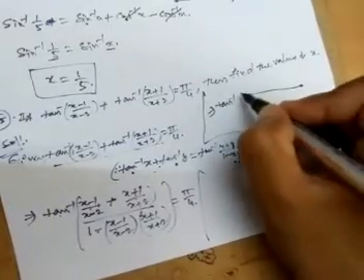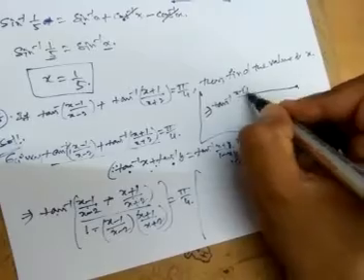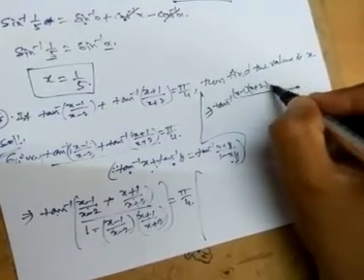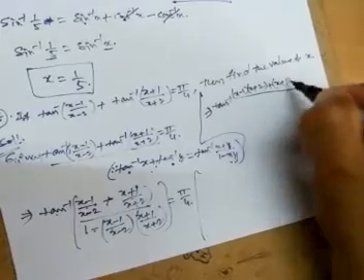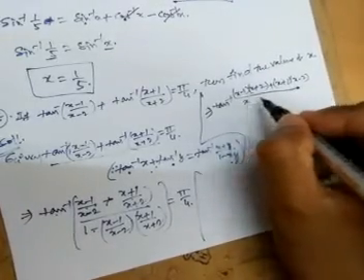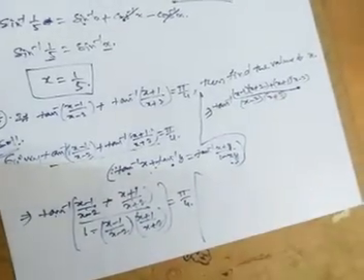Now (x minus 1) into (x plus 2) plus (x plus 1) into (x minus 2) by (x minus 2) into (x plus 2).